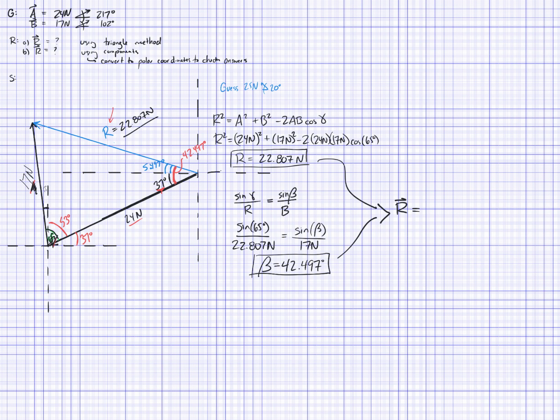So R equals 22.8 newtons at an angle of 5.50 degrees. And that's my answer. If we compare that to my guess up here, 25 at 20 degrees, not too bad. Not perfect, but we do the best we can.